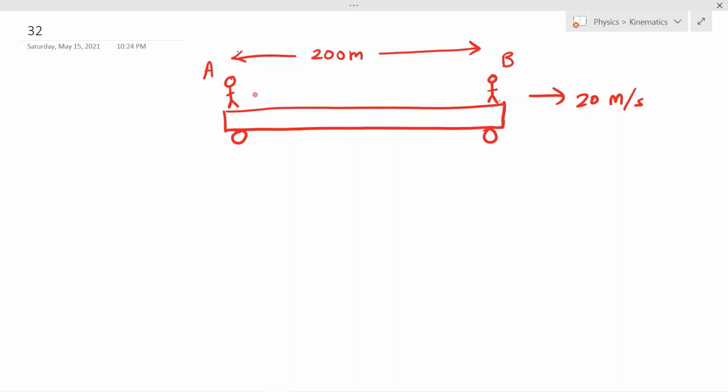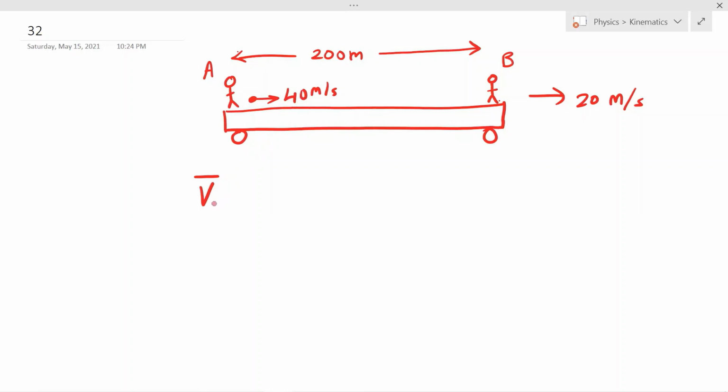Let's say this person throws a ball here in this direction with a velocity of 40 meter per second. That is the velocity with respect to the trolley. Let's consider this speed with respect to the trolley.